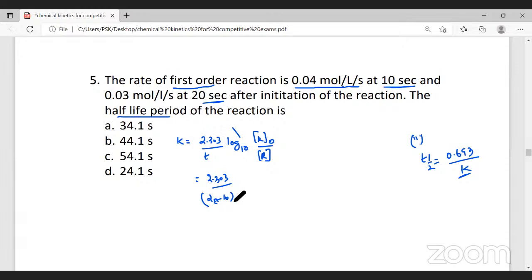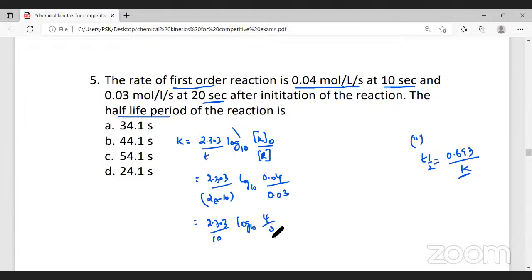R naught is 0.04 and R is 0.03. So K equals 2.303 by 10 log to the base 10 of 4 by 3.